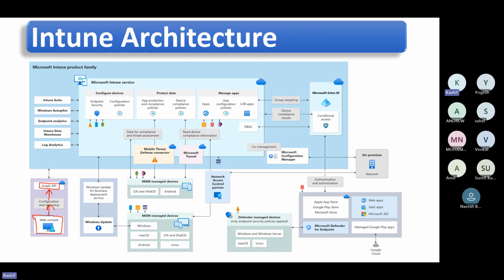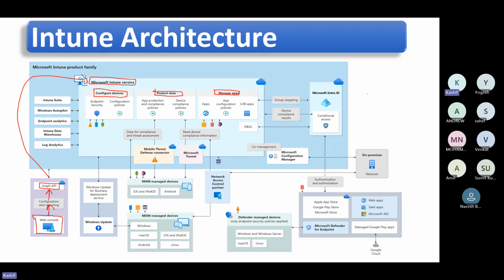And then it is going to pass on the information to Intune services in the backend, to configure devices or protect data or manage applications. So you can do the configuration accordingly. It is going to pass on the information to these sections.